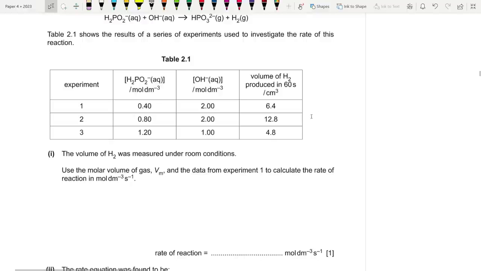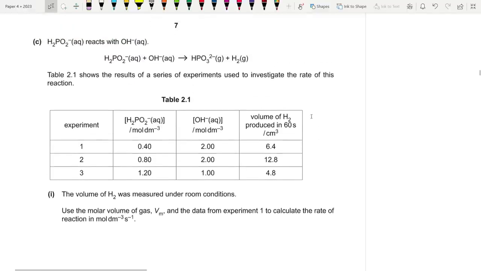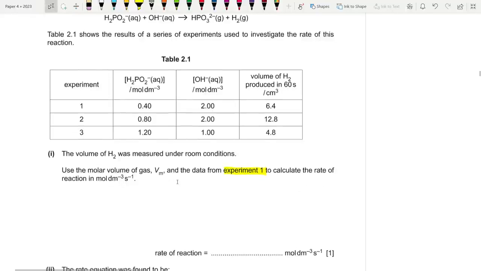Alright, so as you can see, the volume of hydrogen gas produced in 60 seconds is 6.4 cm cube in experiment 1. So they told us to use this specific value. We know that 1 mole actually occupies 24 dm cube.